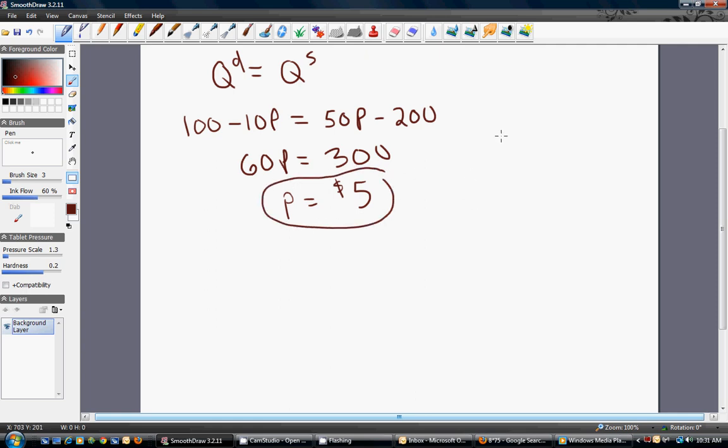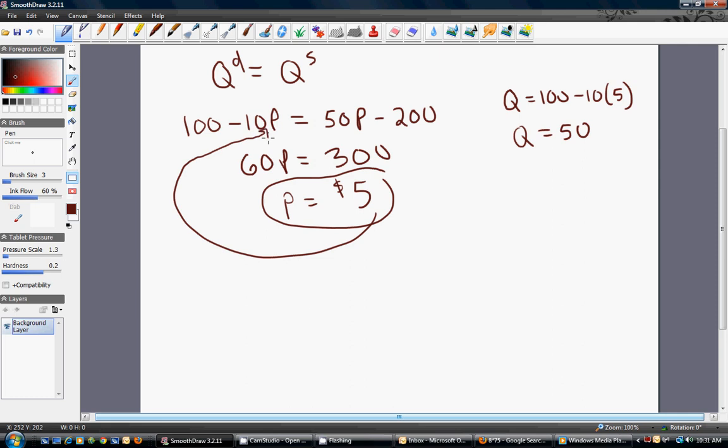And I guess while we're at it, let's get the equilibrium quantity, the total quantity brought forth to the market, and that will be 50 units. So all I did here was I plugged $5 back into the demand equation and evaluated it and got 50 units.